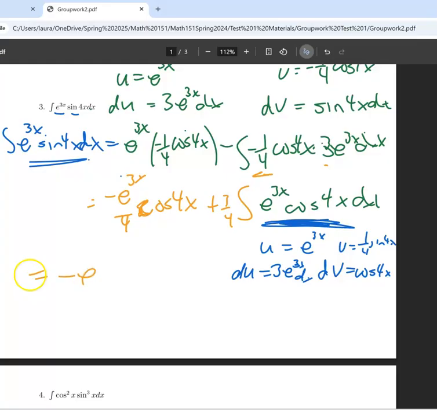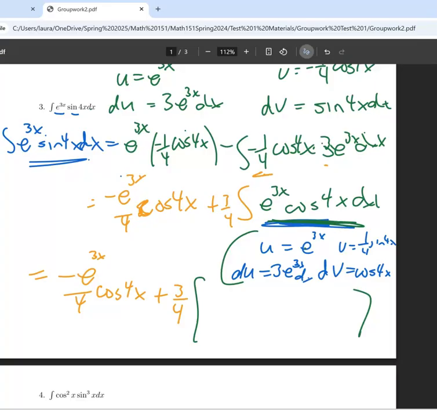Okay, so let's carry everything along. So negative e to the 3x over 4 cosine of 4x plus. And so notice how I'm keeping that 3/4 out on the outside, right? Now I'm going to do parts on this from what I have here.